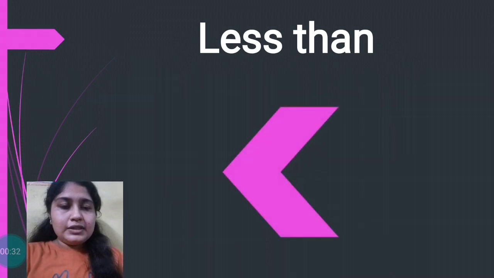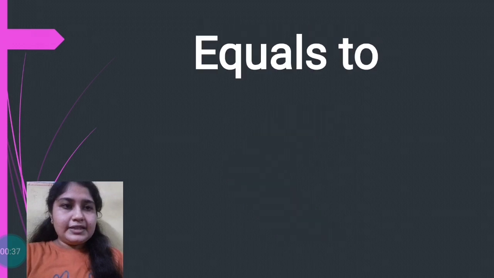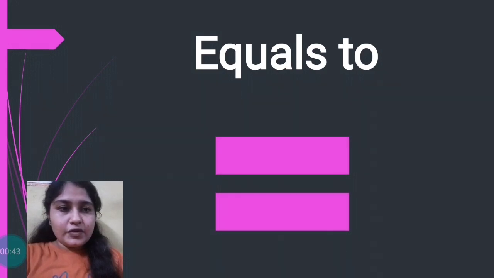So this is the less than sign. The next is equals to. The sign of equals to is, as you can see on the screen, this. So before starting our exercise, let us understand some of the examples.